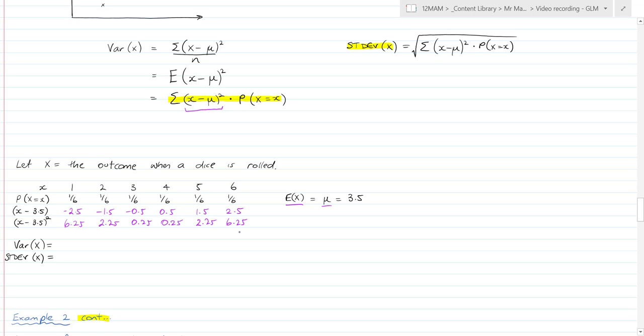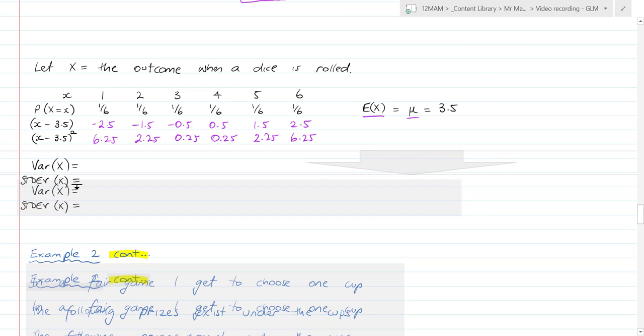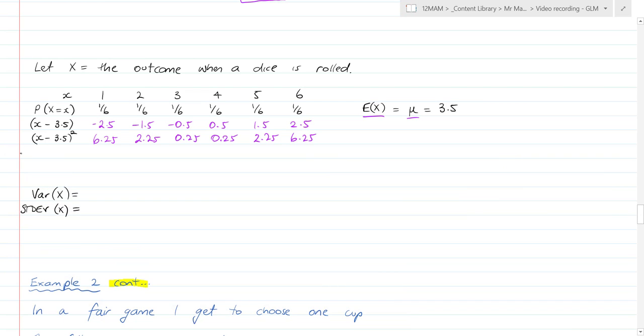And the variance is going to be the sum of those squares divided by n, but in this case we're working with this formula. So it's going to be the sum of x minus mu squared times the probability of x. So I need to multiply by the probability. I'll just add that extra line in here. So I get x minus 3.5 squared times the probability x equals x.